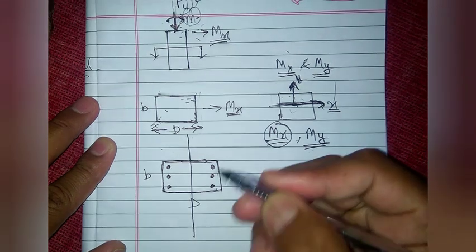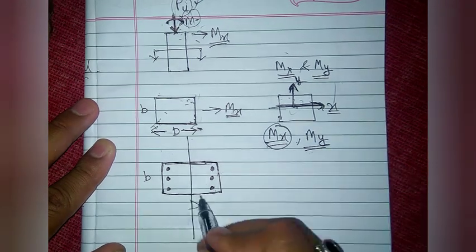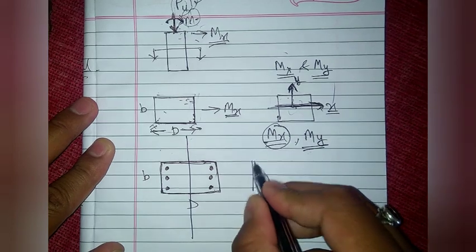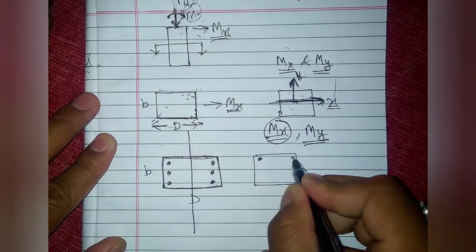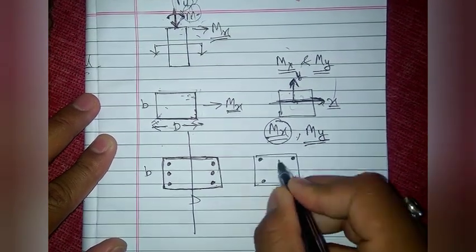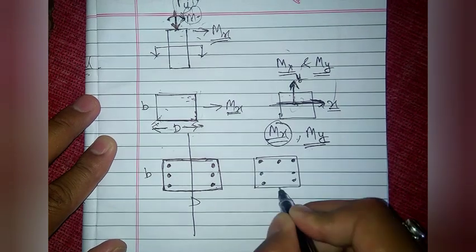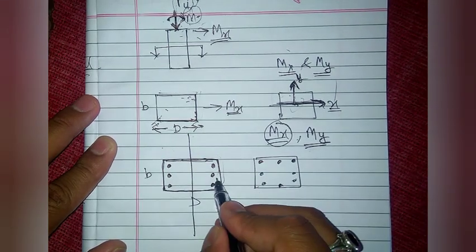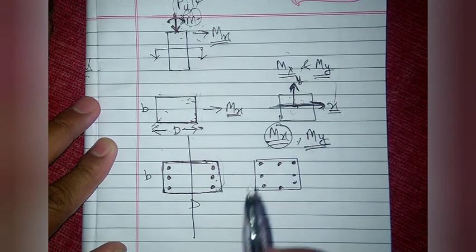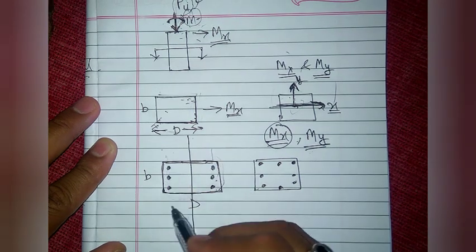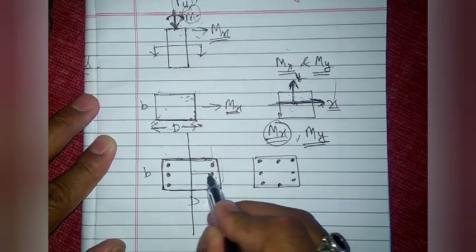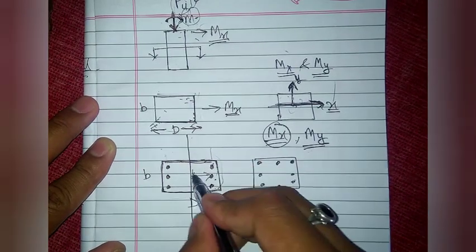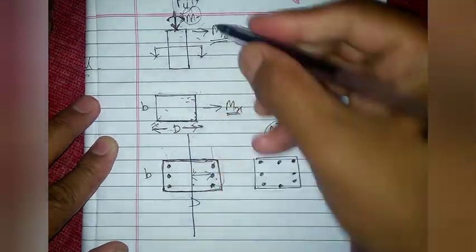Why are we doing this, and why are we not distributing it like we do in a square column or axially loaded column? Because we need to take the maximum benefit of this reinforcement, and that we can take when we provide the reinforcement at maximum distance from the axis of bending, to resist this moment.